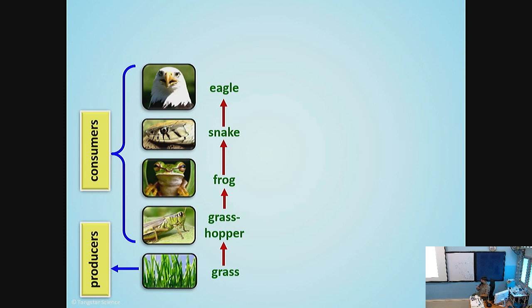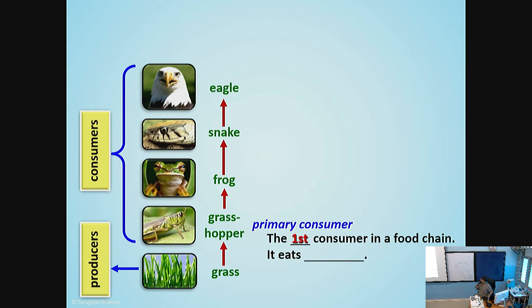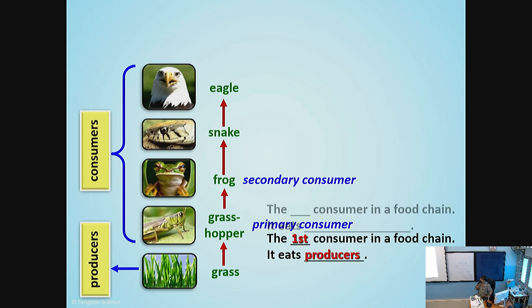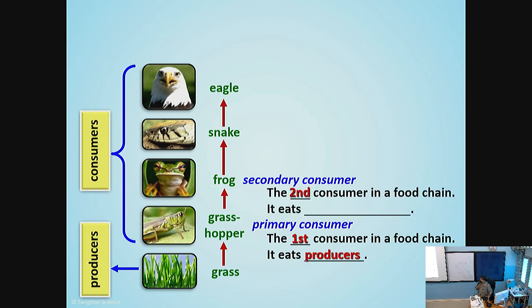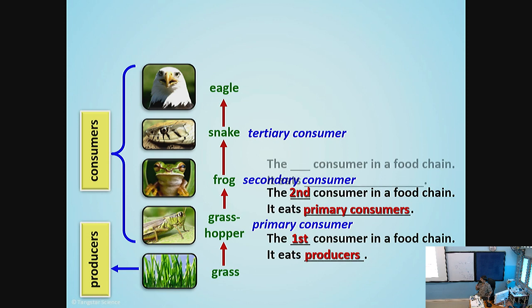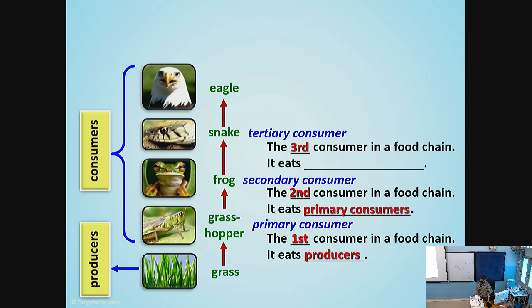Very good. We have only one producer. Primary consumer is the first, and it eats the producer. Second, we have the secondary consumer, which eats the primary consumers. The tertiary consumer, or the third, eats the secondary consumer.